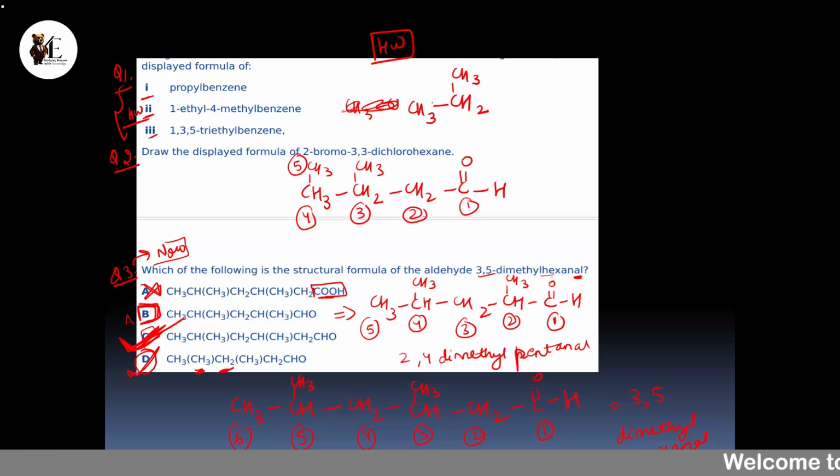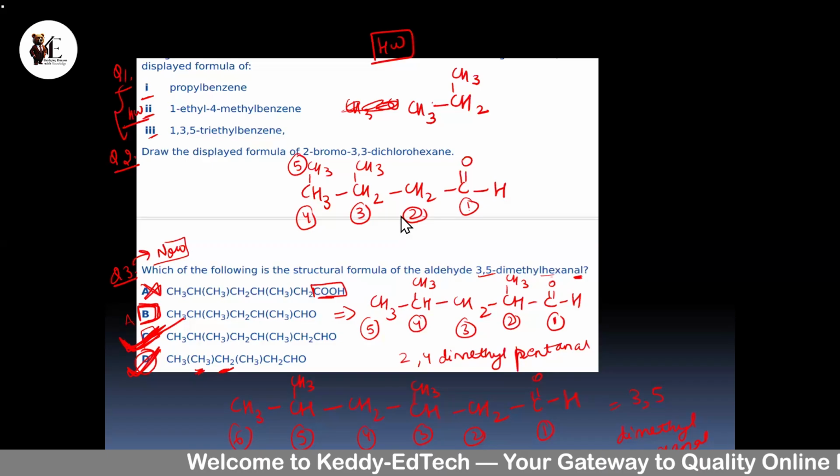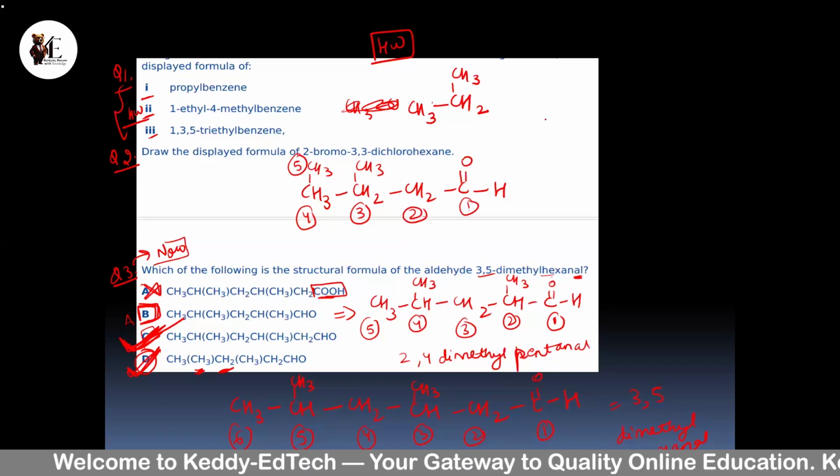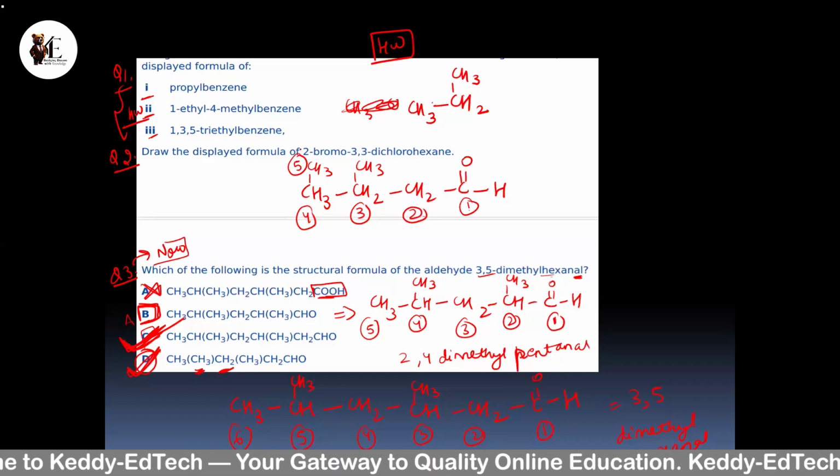Please make the condensed formula of this compound, D part. What should be the condensed formula of this compound? I think there is some mistake. There should be CH2 because the carbon valence is not satisfied. Let me check. Just give me a minute.